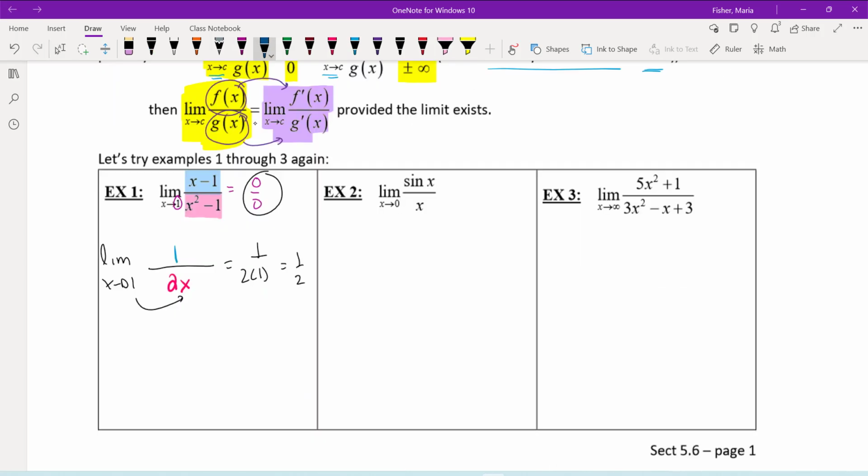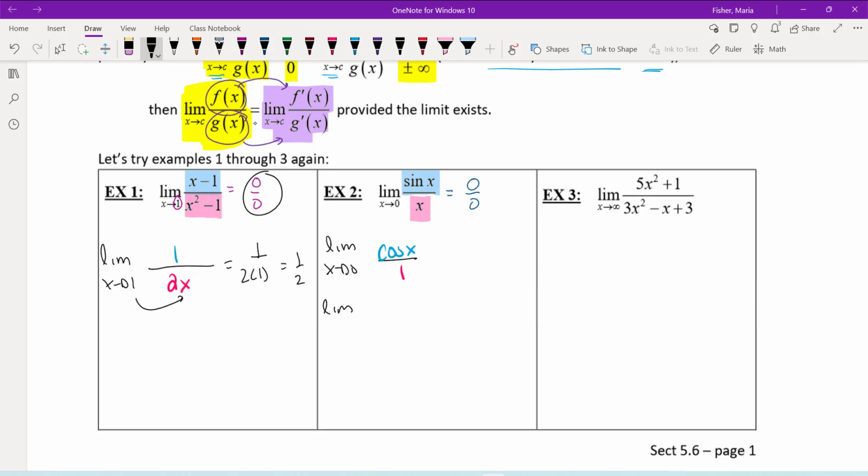Number 2, remember direct substitution yielded 0 over 0. Therefore, L'Hopital's rule applies because that's indeterminate form, and it says take the derivative of the numerator. The derivative of sine of x is cosine of x. Take the derivative of the denominator: the derivative of x is 1. And then we take the limit again.